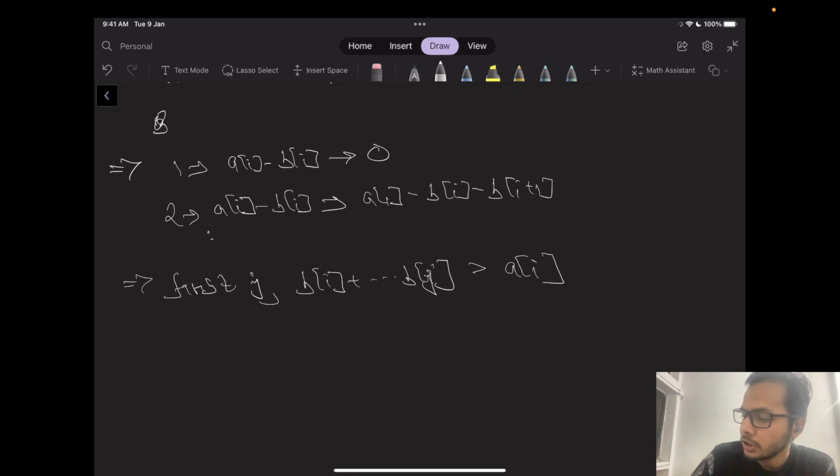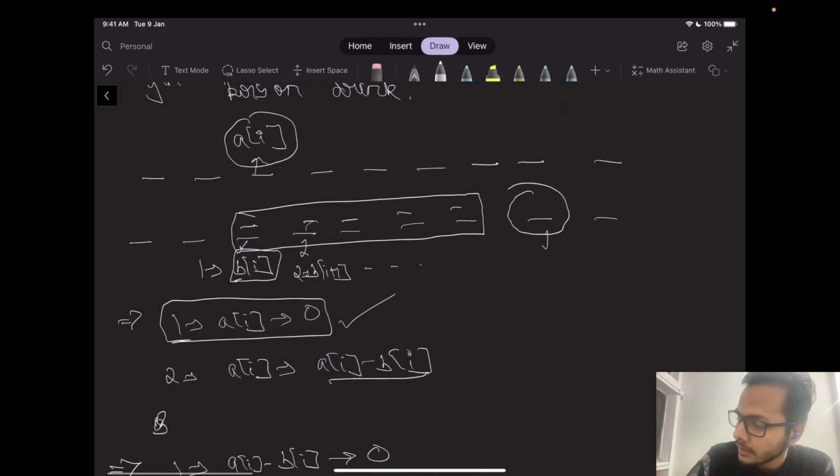If you find such a j, then all the people from i to j minus 1 will get their required quantity of tea, which is nothing but bi, and the jth person will get ai minus the sum of all these bi values. So this is the main outline of the algorithm that we'll be using.